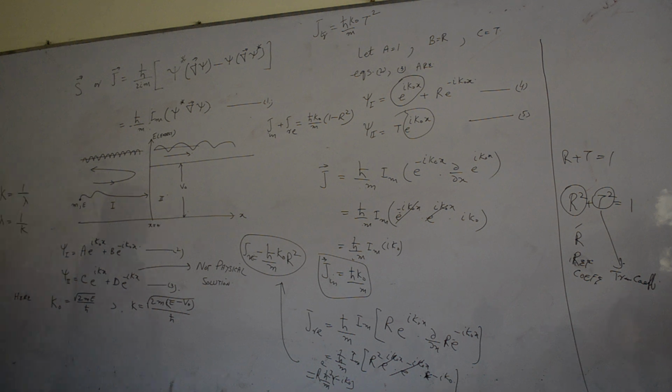What it means is, just look, if 10,000 particles are going in that direction, out of which, let's say, 7,000 particles are reflected back, 3,000 are going in that direction.